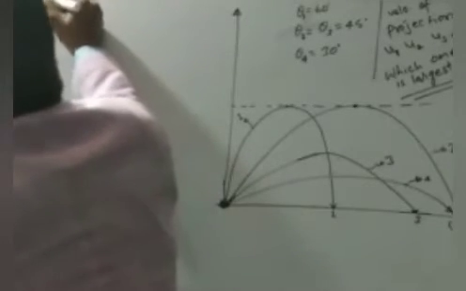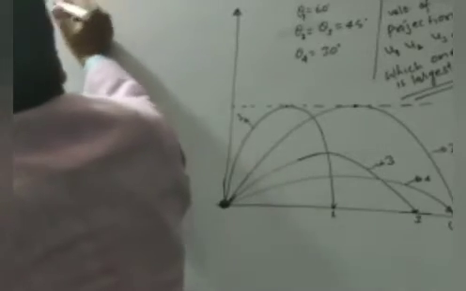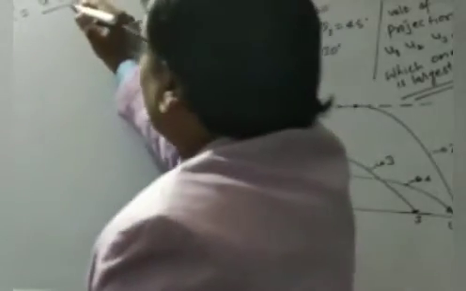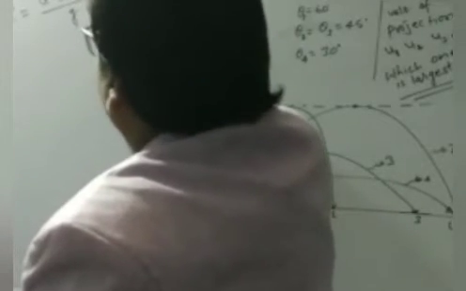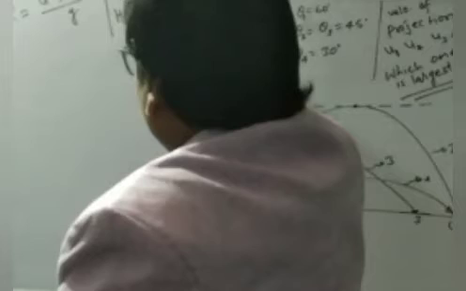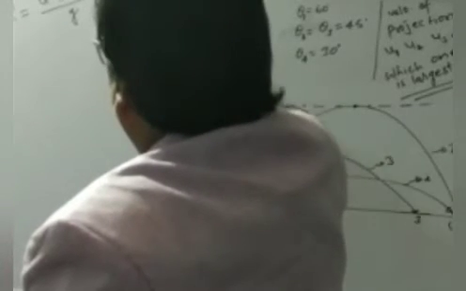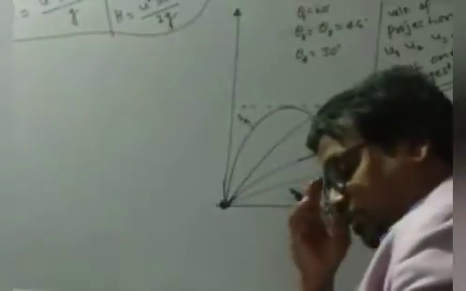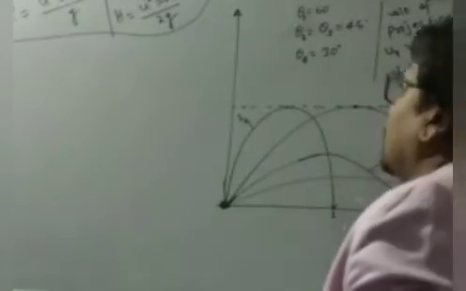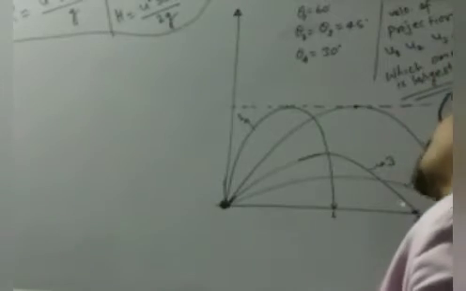Range is given by u square sine 2 theta by g, and maximum height is given by u square sine square theta upon 2g. I have already discussed this numerical and started last time also by writing these two formulas.